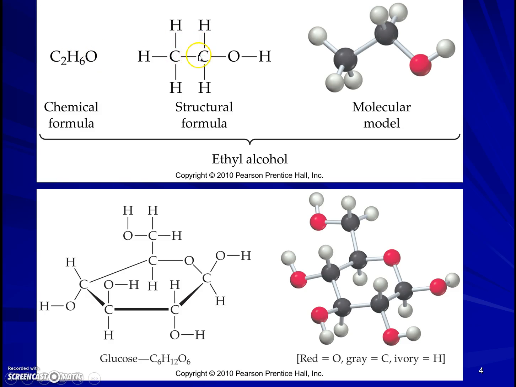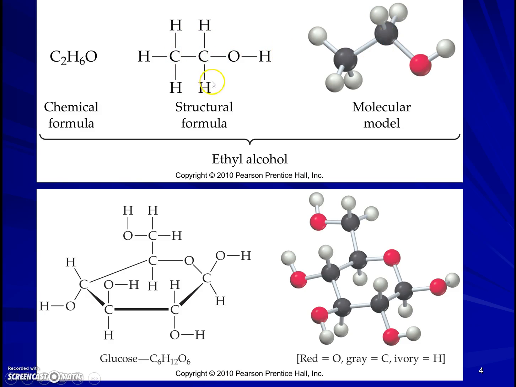Now the way those are arranged is the two carbon atoms are bonded to one another, and one of those is bonded to the oxygen, which is bonded to a hydrogen. And so each of these lines represents a bond, a shared pair of electrons. What makes something an alcohol is to have a carbon with all single bonds around it and an OH attached to that carbon.